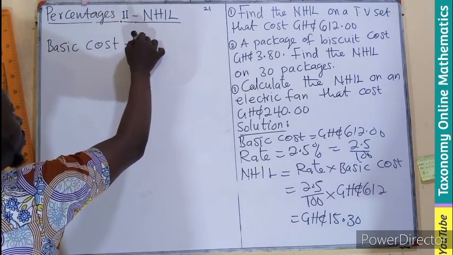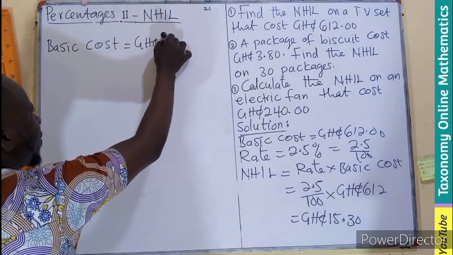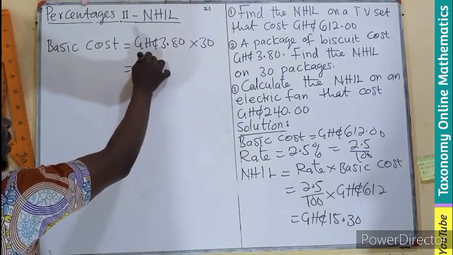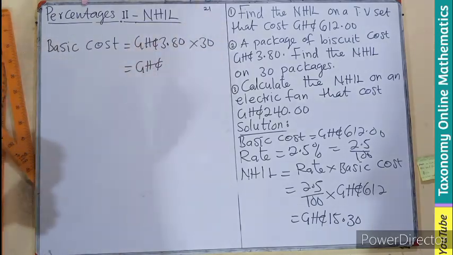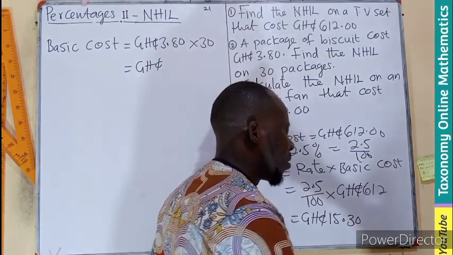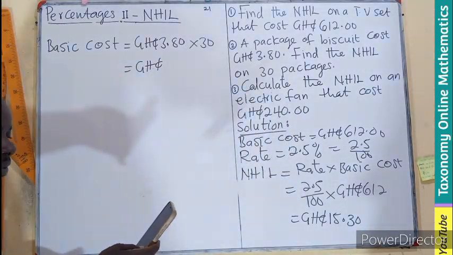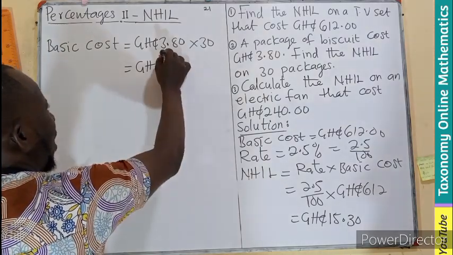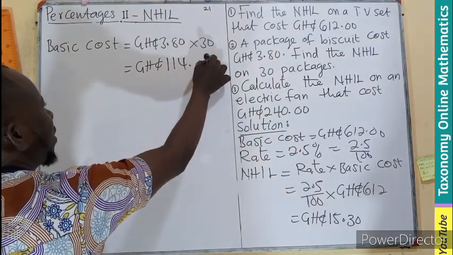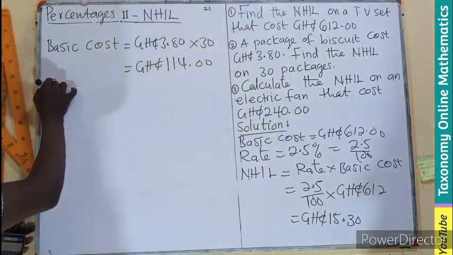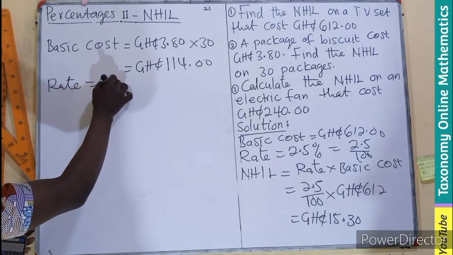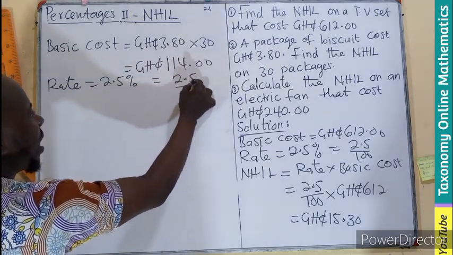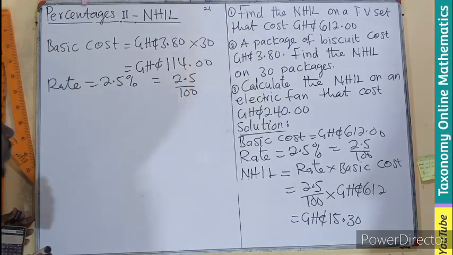So for number 2, we need to find the basic cost. In this case, it's going to be 3 cedis 80 pesewas times 30, if you want to find the total basic cost for all the 30 packages. If you do that computation, you should be having 114 Ghana cedis. Remember, the rate is still 2.5%. That's 2.5 on 100.